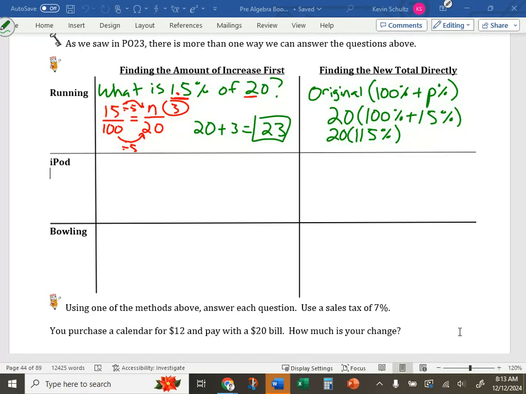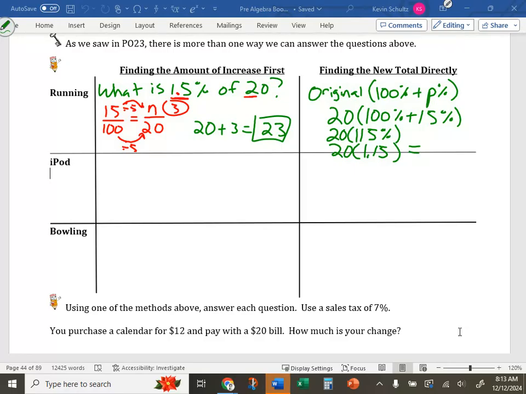And how would you put that into a calculator? 20 times 115%. Madeline? 20 times 1.15. Excellent. You convert this 115% to a decimal, and you would type in 20 times 1.15.